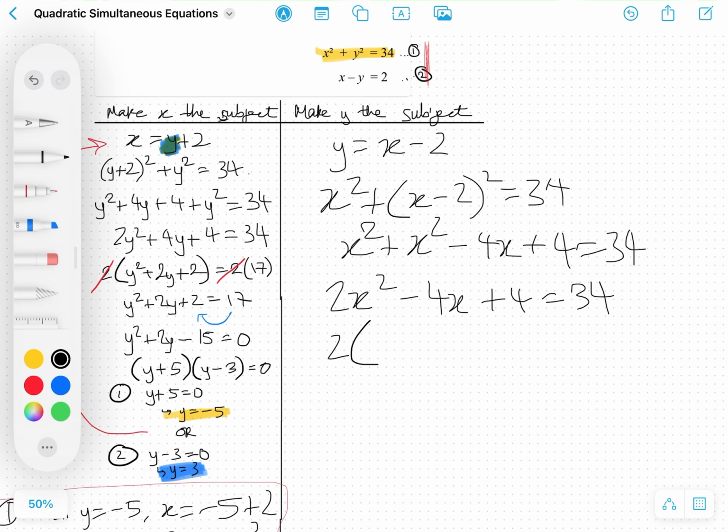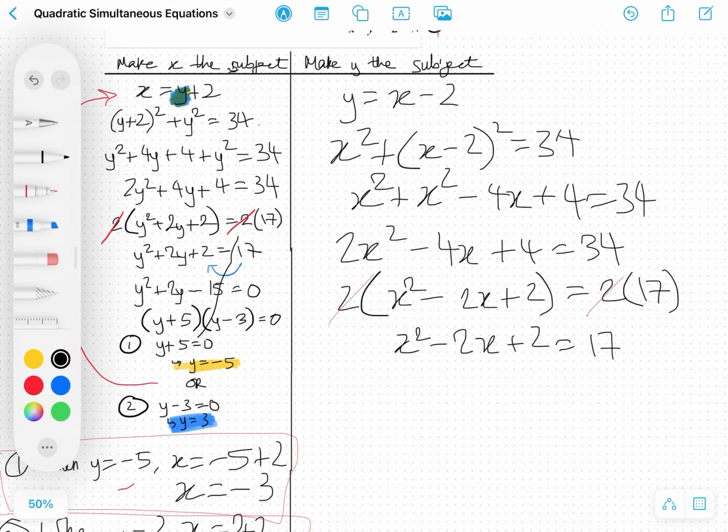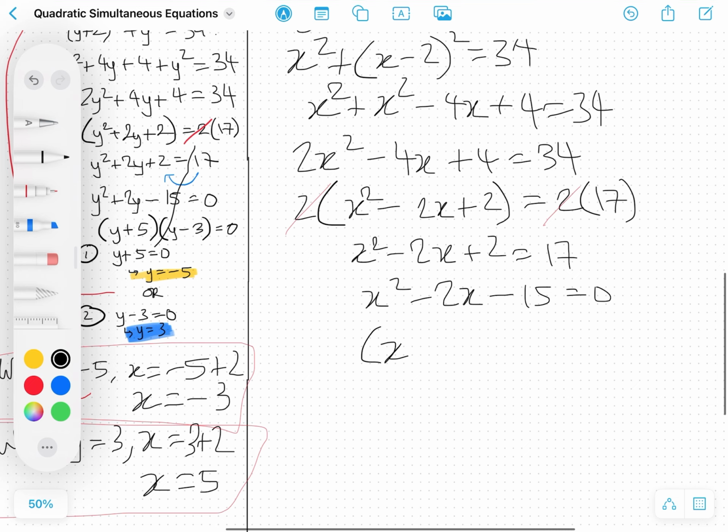Now we take out the factor of 2 from both sides, same as what we did last time, and divide both sides by 2. So the 2's cancel out. Now we have x squared minus 2x plus 2 is equal to 17, and x squared minus 2x minus 15 is equal to 0.